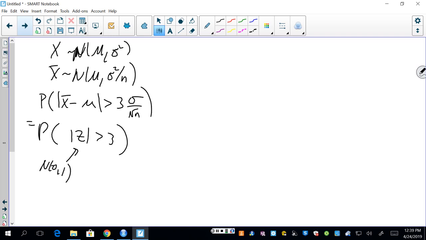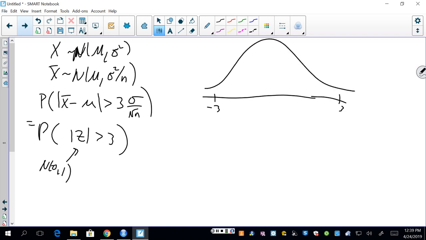And the chance that a standard normal is greater than 3 or less than -3 is pretty small. Under the standard normal, there's 0.9974 area in here, and then half of what's left over, 0.0013, out here and 0.0013 out there.